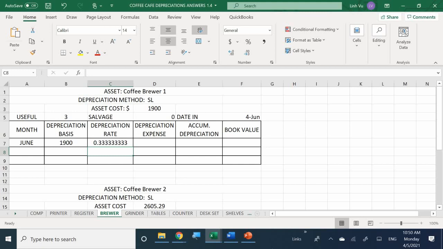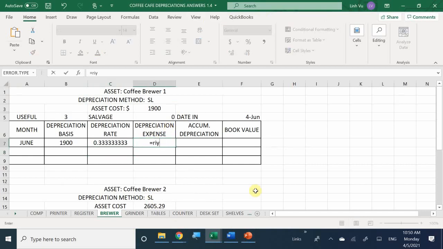Okay. What's my depreciation expense? 1,900 times 0.3333.